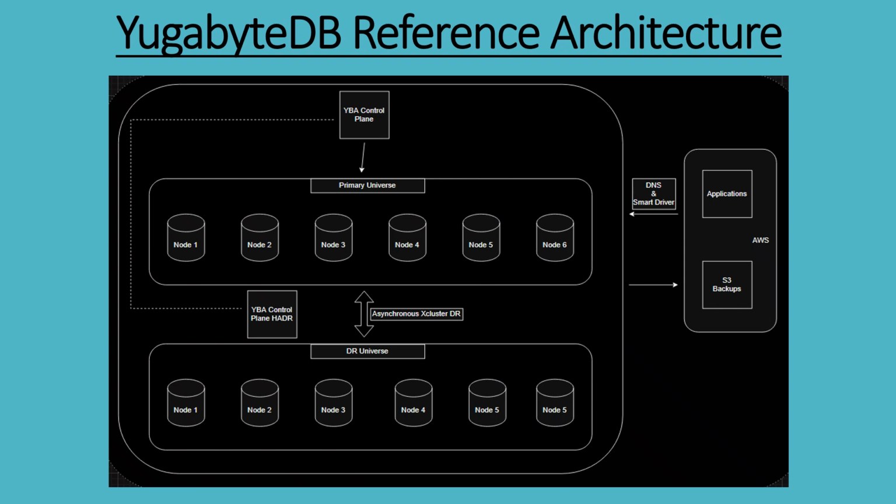Now the reason we have 3 master server processes, one primary and 2 followers, is to ensure high availability and redundancy. Even if node 1, the master leader of the master server process, goes down, automatically node 2 and node 3 will form a Raft consensus and elect a new leader.